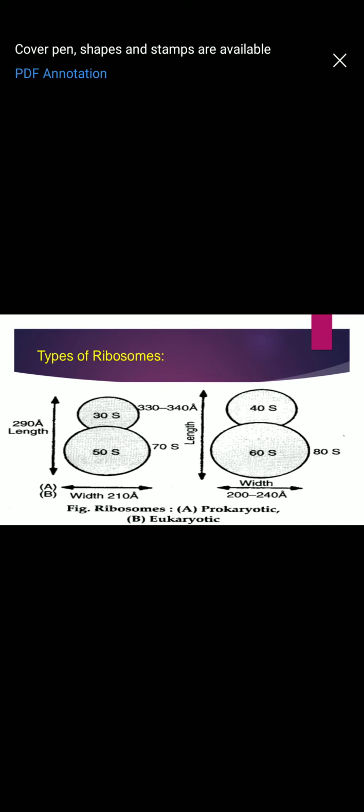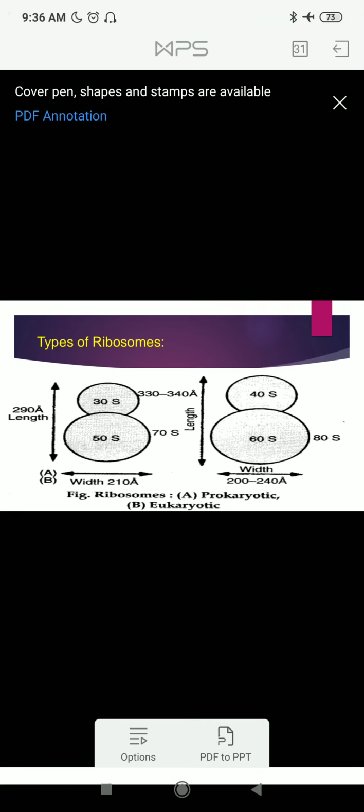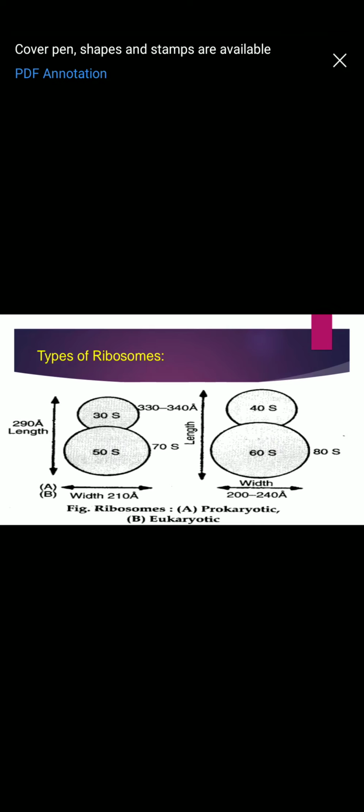Both the prokaryotic and eukaryotic ribosomes are composed of two subunits. In prokaryotes, the larger subunit is 50S and the smaller subunit is 30S. In eukaryotic cells, the larger subunit is 60S and the smaller subunit is 40S.